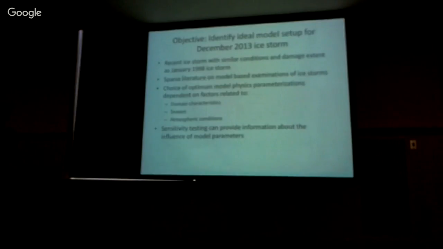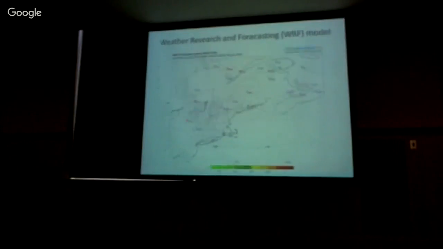And so I've had to run many different simulations using different parameterizations as a way of seeing where the model does well and where it doesn't, and which ones are closest to observed values.